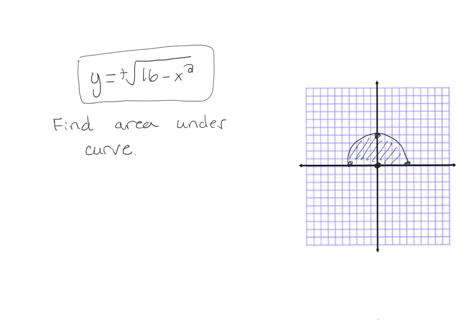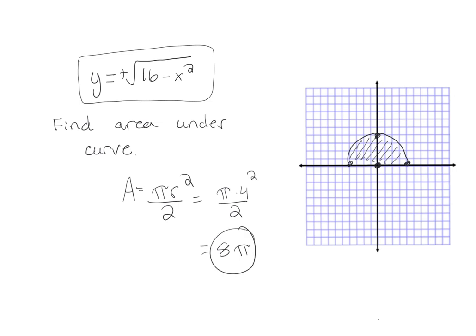So how do you find area of a semicircle? Circle is pi r squared, and then divided by 2 for a semicircle. And the radius is 4. So pi times 4 squared divided by 2. So 8 pi represents the area under that function.